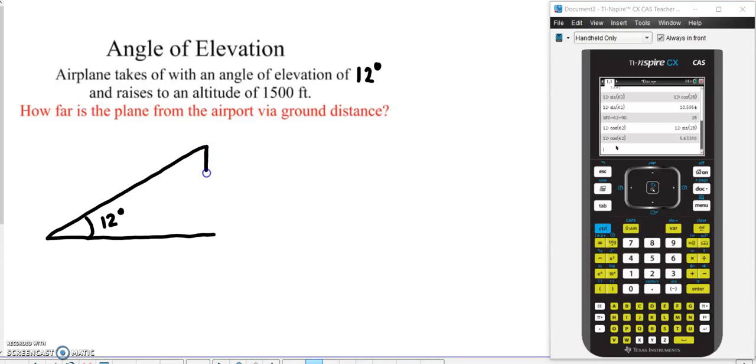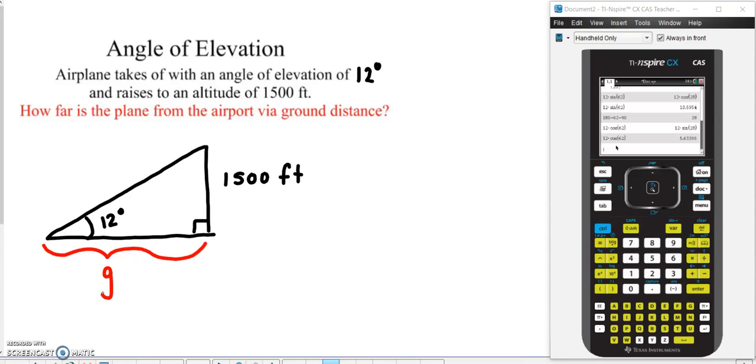And it rises to an altitude of 1500. An altitude is a height, and we're going to say that this is up here at 1500 feet. I want to know how far the plane is from the airport via the ground distance, and this would be our ground distance here. Maybe we can call that G.